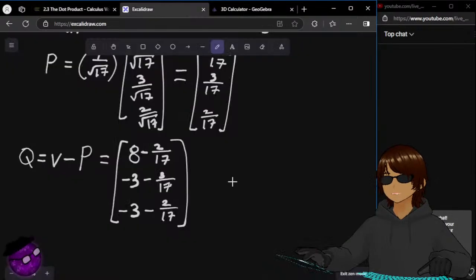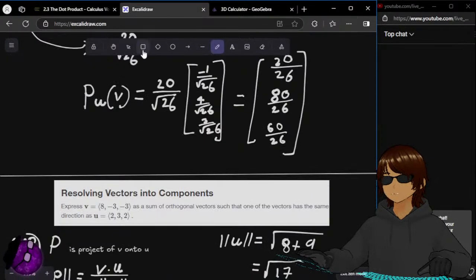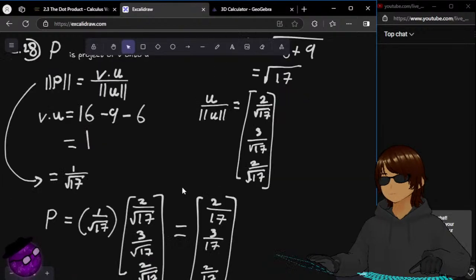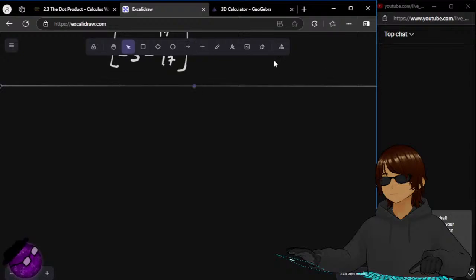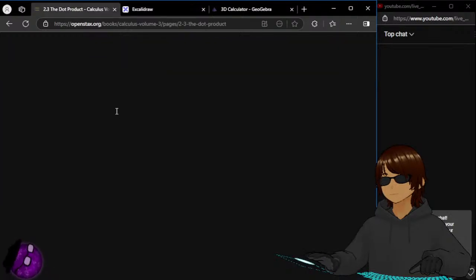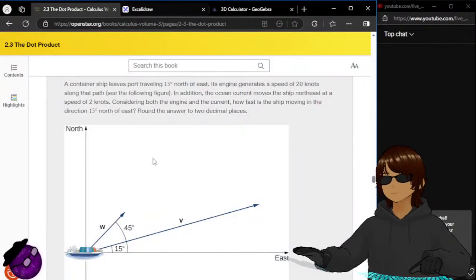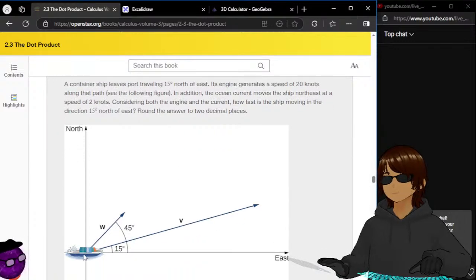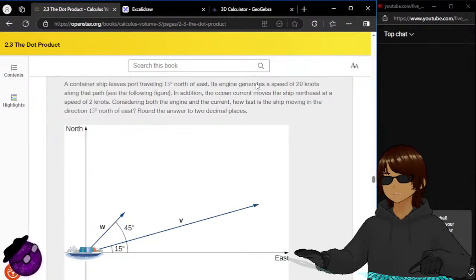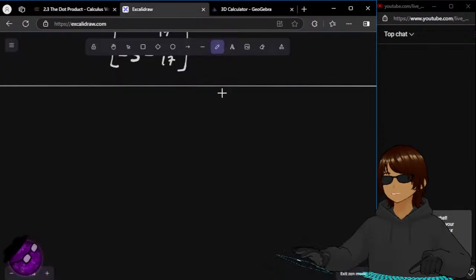So we have, hold on, let me just remove this. We have a container ship that leaves port traveling 15 degrees, so the velocity is that way. Its engine generates a speed of 20 knots.